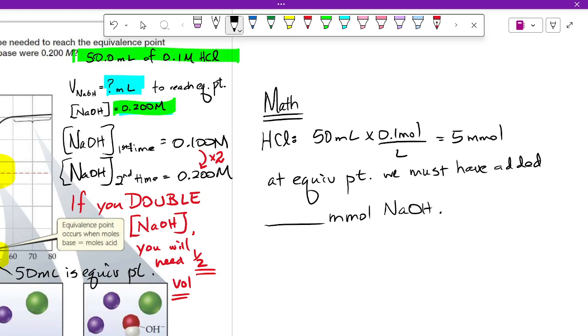It's where you have same moles of H plus and same moles of OH minus. So if I have 5 millimoles of HCl, which gives me 5 millimoles of H plus, we also need 5 millimoles of NaOH, which is 5 millimoles of OH minus.